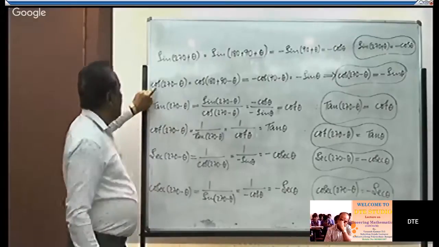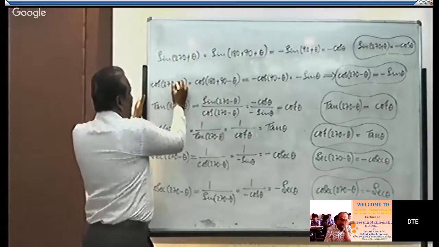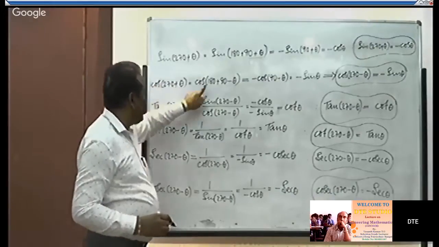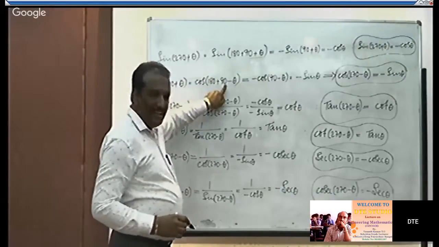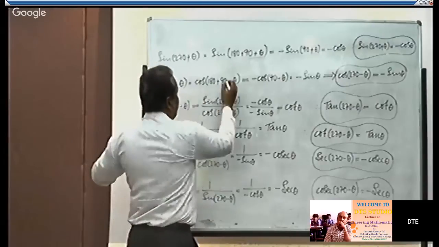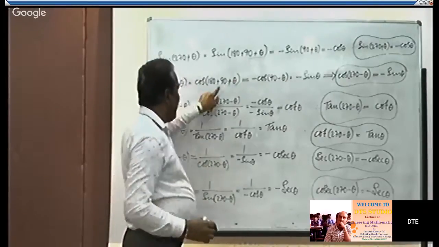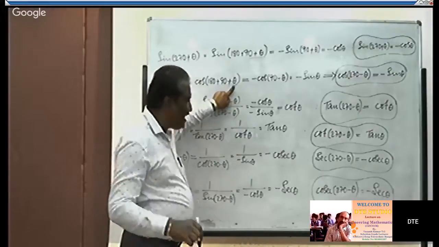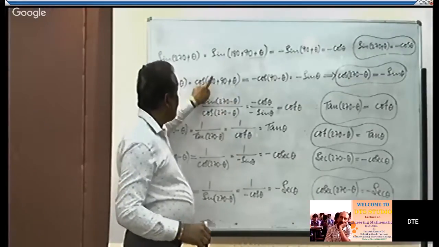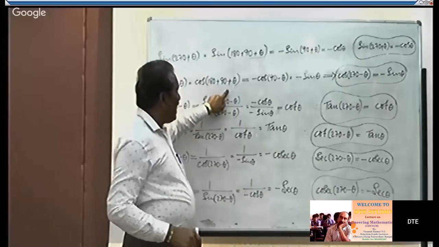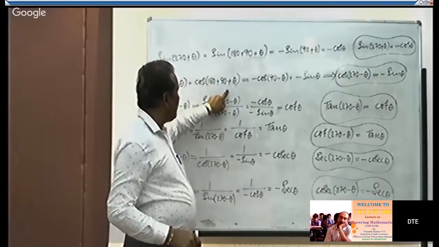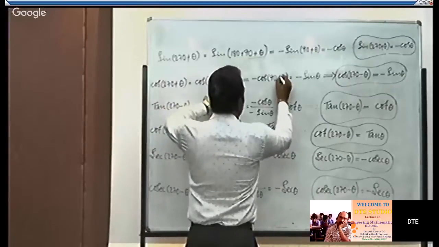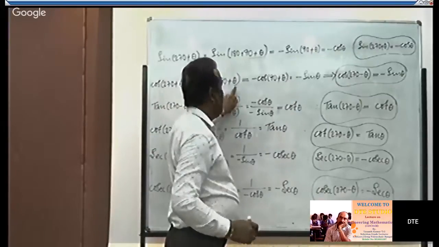Like that, cos of 270 plus theta we are going to write. As usual, 270 we split as 180 plus 90, so the rest is plus theta. As it is 90 plus theta, you have to assume it as theta. Then it is cos of 180 plus theta, and we know that it is minus cos theta. In the place of theta, it is 90 plus theta.